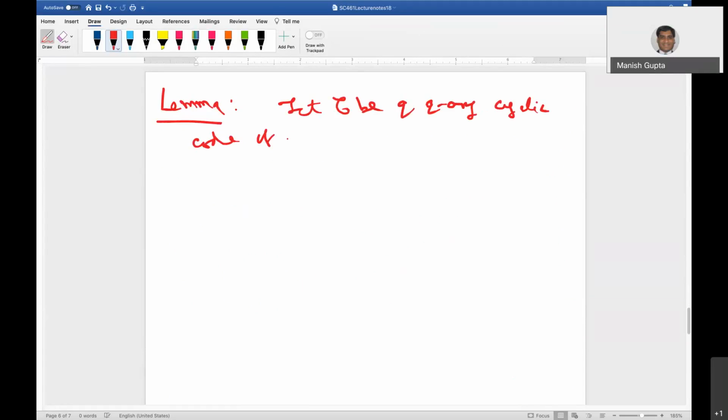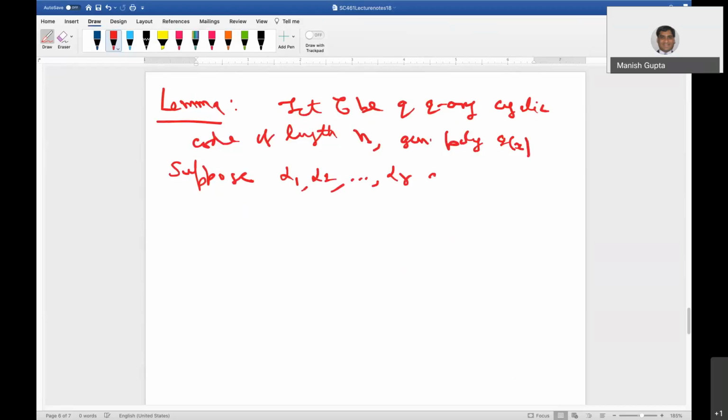of length n with generator polynomial g of x, and suppose alpha 1, alpha 2, up to alpha r are all the roots of g of x, and g of x has no multiple roots.